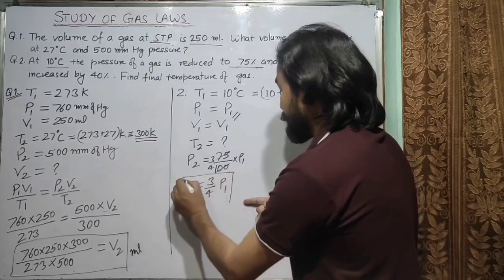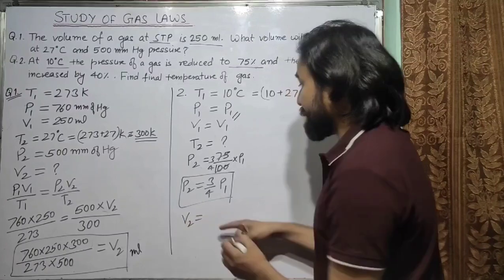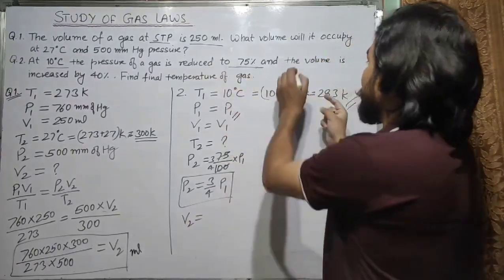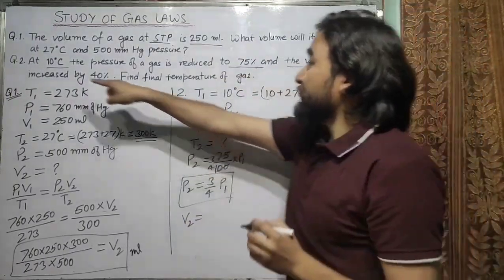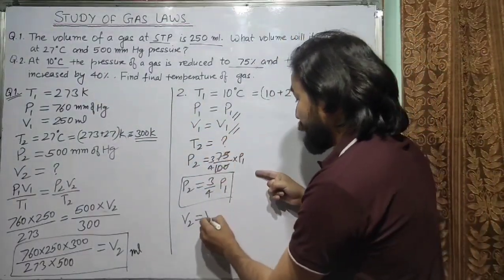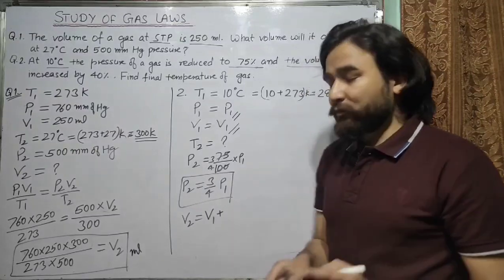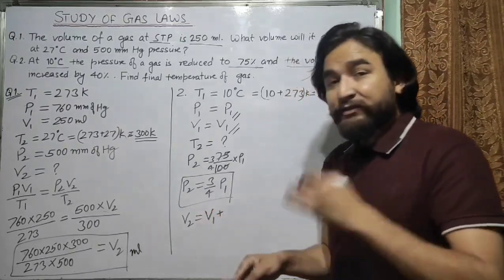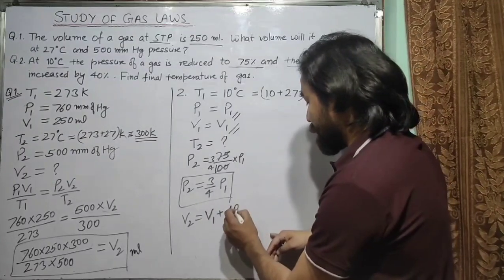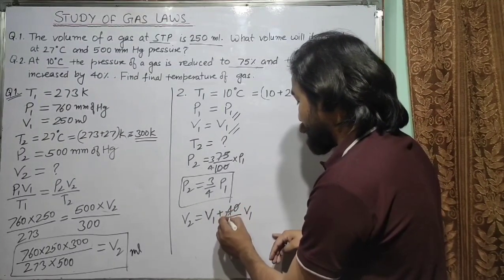Now we have P2 here. Similarly, we can also get V2. So what is the value of V2? The question says that the volume is increased by 40%. What was the initial volume? That is V1, and it is increased by 40%, means new volume will become V1 plus 40% of V1. 40% of V1 is 40 by 100 into V1, that is 2 by 5.